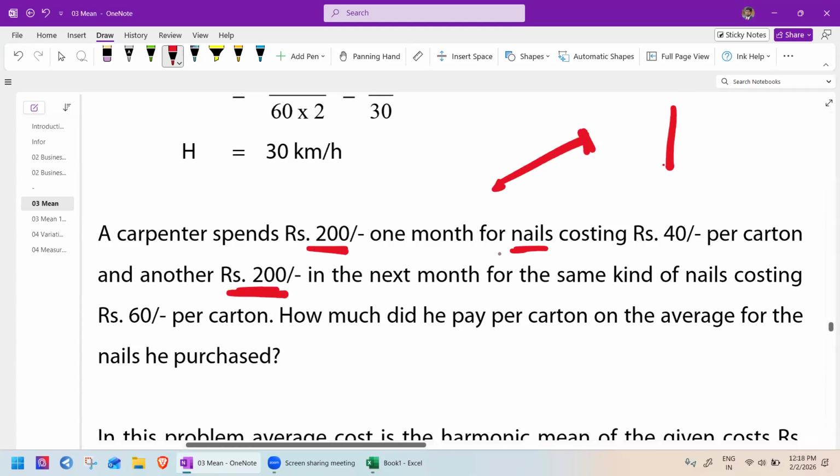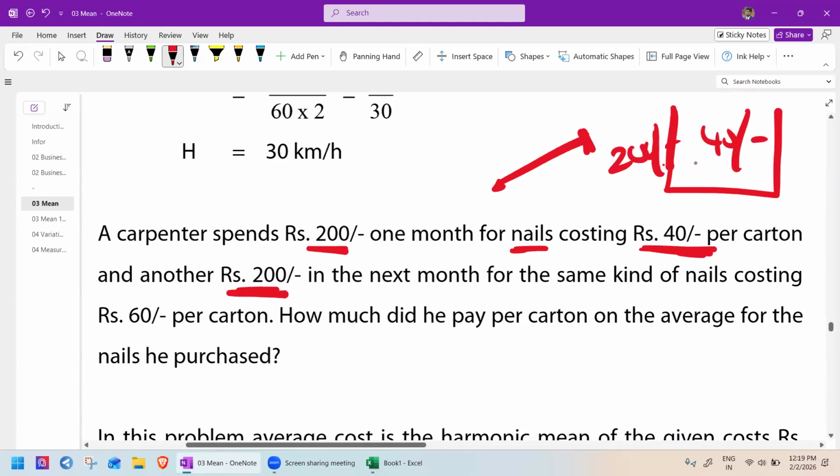The carpenter spent 200 rupees in one month for nails costing 40 per carton. Carton means a pin box, a pin box at 40 rupees per carton. But he spent 200 rupees to buy this.